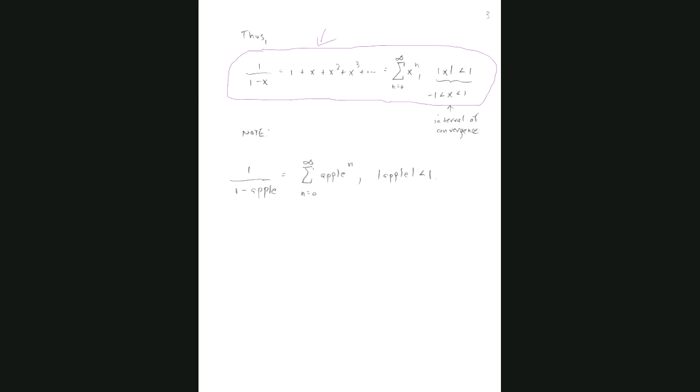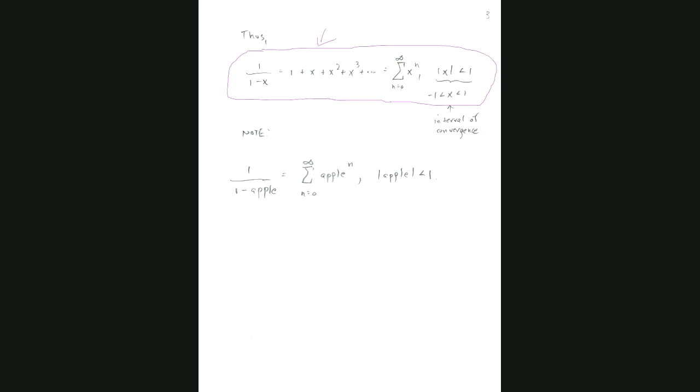So, for instance, and this is sort of a special here, what if I had 1 over 1 minus an apple? I don't have 1 over 1 minus x. I have 1 over 1 minus an apple.